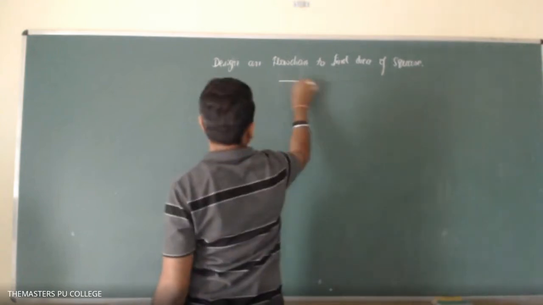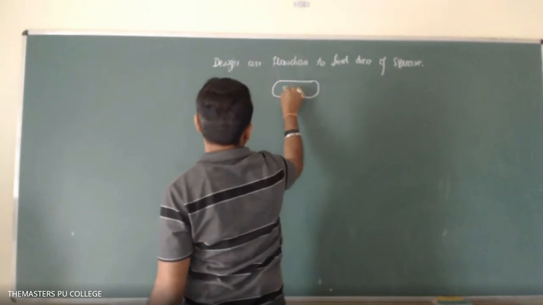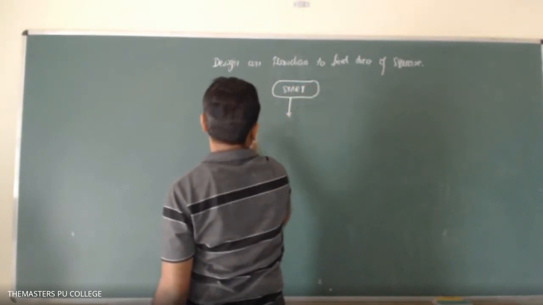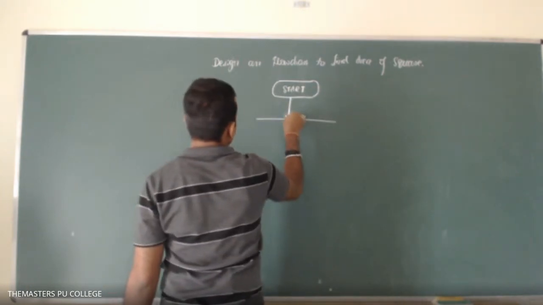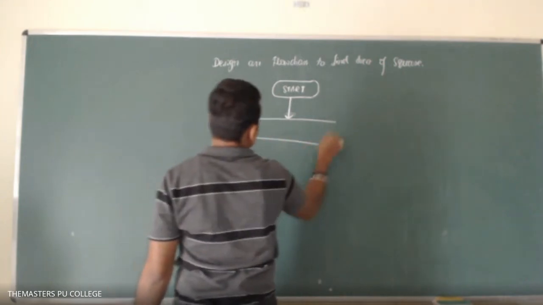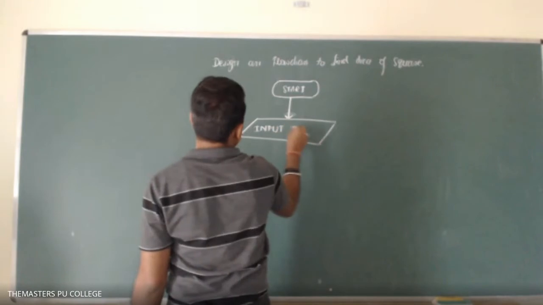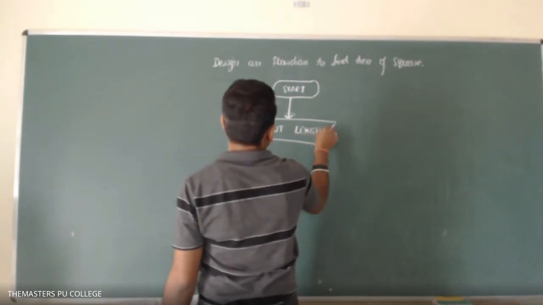Area of square. Okay. So just for start, we need to write the oval shape symbol, start. Then you put the down arrow mark. Next you write the input symbol. That is what we need to input: the length. Input length.